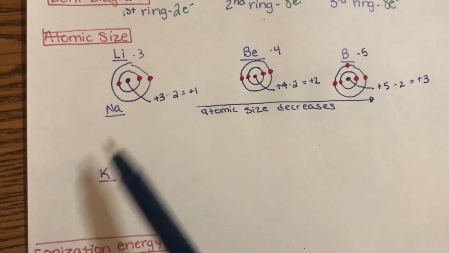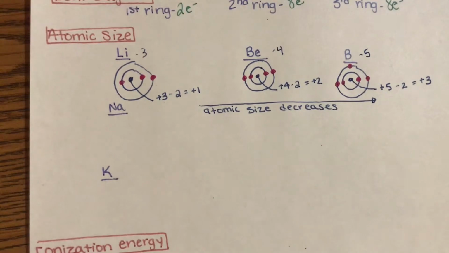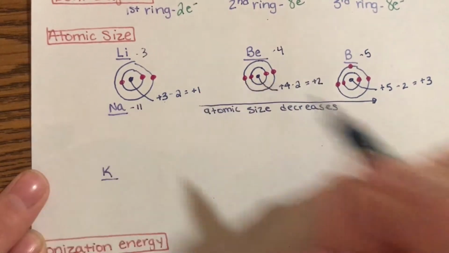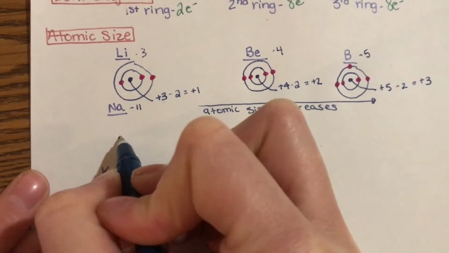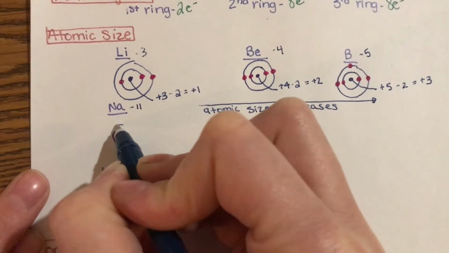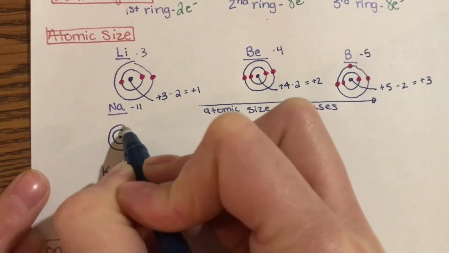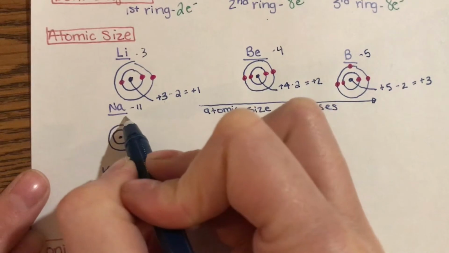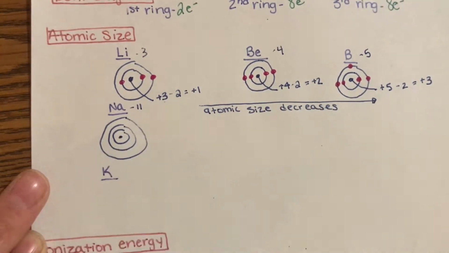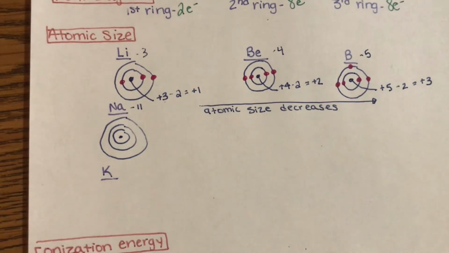So we're going to do lithium, sodium, and potassium. Lithium has 3 electrons, sodium has 11. So here we're going to have to do our nucleus, our first ring, our second ring, and since it's in the third row, it'll have a third ring. So we have to put 2 electrons in the first ring.